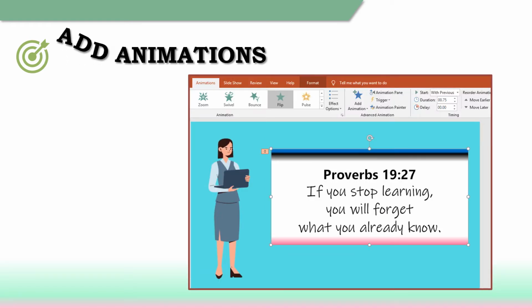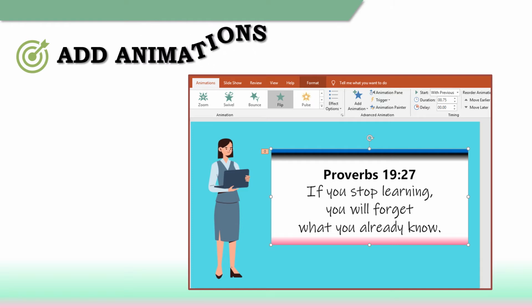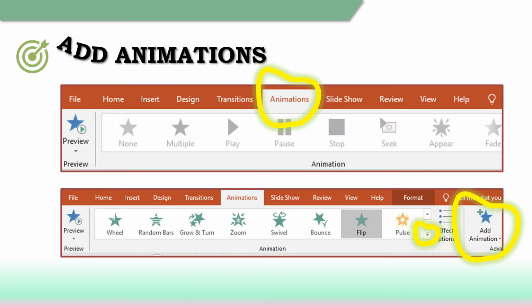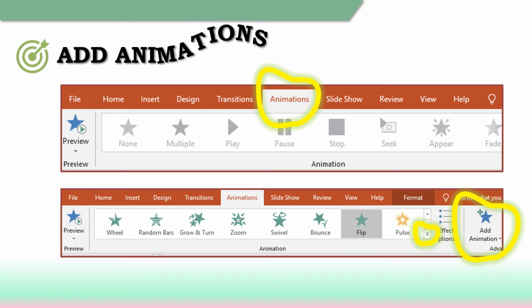How to add animations. Click animations and then choose this drop down arrow and the little circle with yellow highlight, and another option is for you to click the add animation.